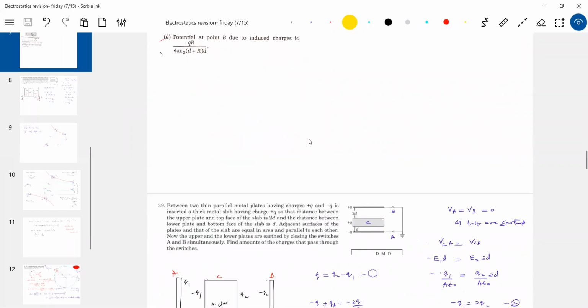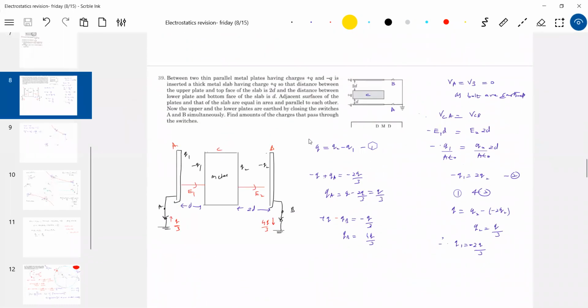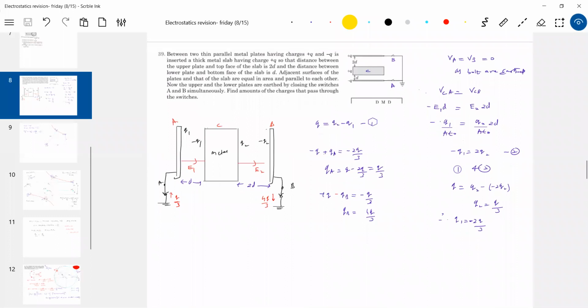Sir, in the formula, E equal to sigma by 2 epsilon naught, no, sir? It's like two plates, no? This is one plate, this is one plate. The effect due to plate A only will be sigma by 2 epsilon naught. Due to these two it is a capacitor. Go back to the capacitor. Okay, sir. Go to the last problem.